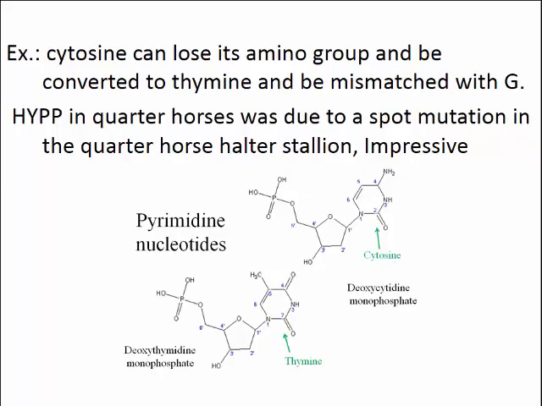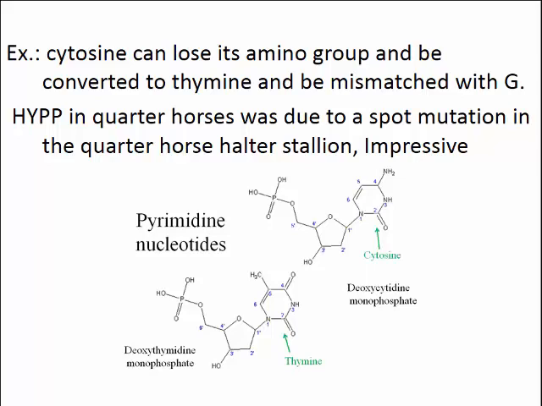For example, cytosine can lose its amino group. Here you see cytosine, there's its amino group. And here's thymine, that instead of an amino group has a double bonded oxygen. So sometimes radiation, for example, could ionize, hit that little amino group, and cause it to be converted from cytosine to thymine. And then it will be mismatched, and if it doesn't get caught, it will persist.